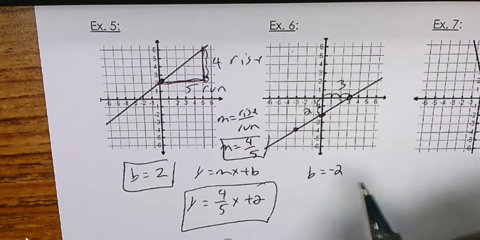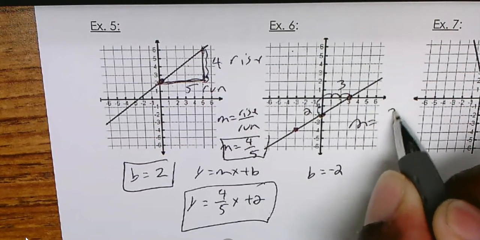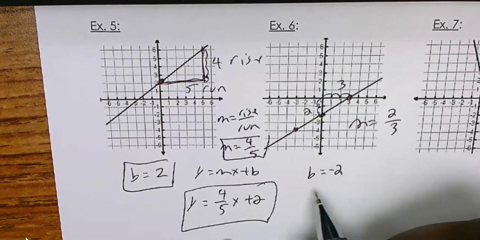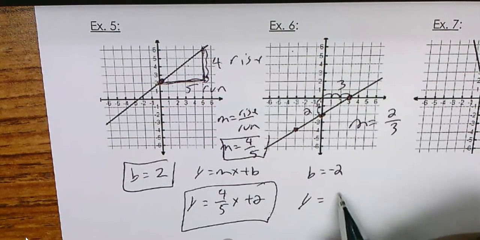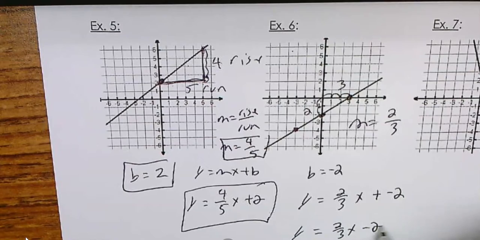So now my rise over run is 2 over 3. So we went up 2 and over 3. So my equation should be y equals 2 over 3x plus a negative 2, or y equals 2 over 3x subtract 2.